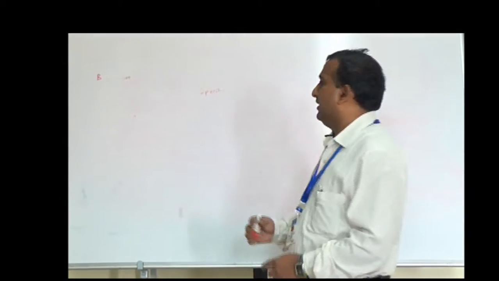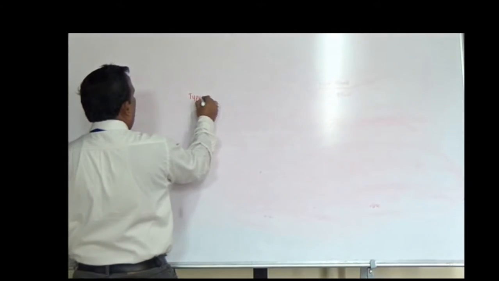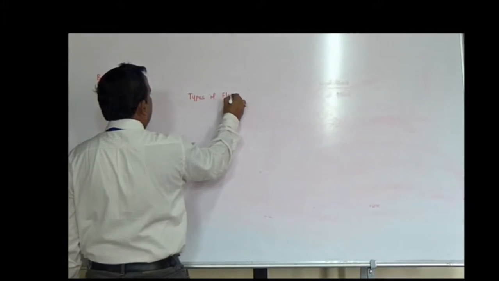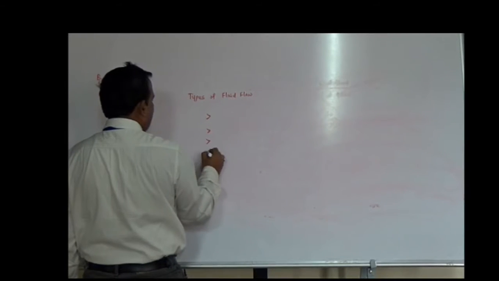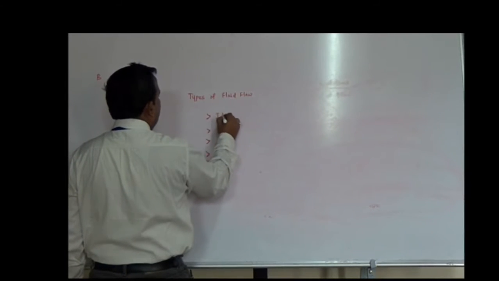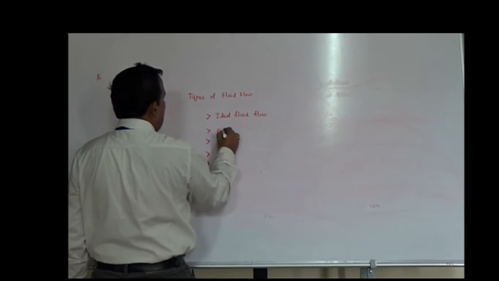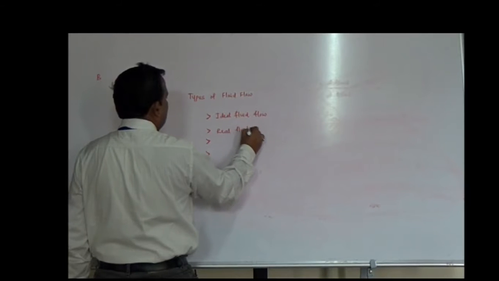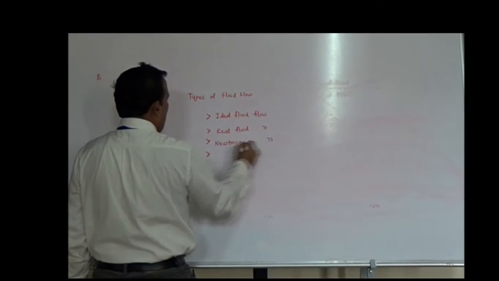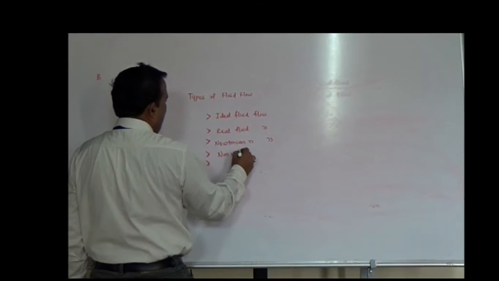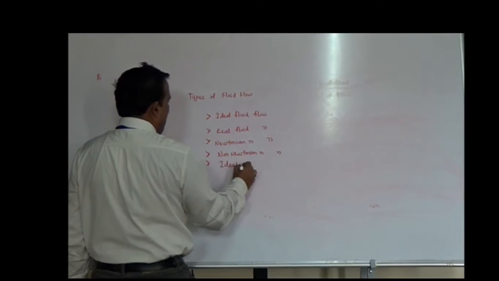So, if you see the types of fluid flow, the first one is ideal fluid flow, the second one is called real fluid flow, the third one is called Newtonian fluid flow, the fourth one is called non-Newtonian fluid flow, and the fifth one is called ideal plastic fluid flow.